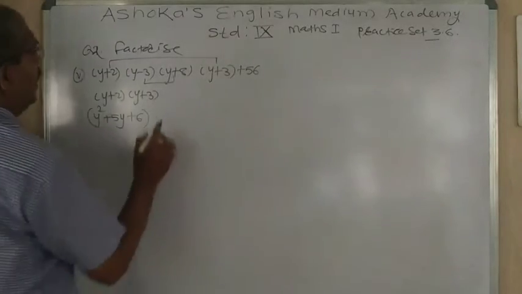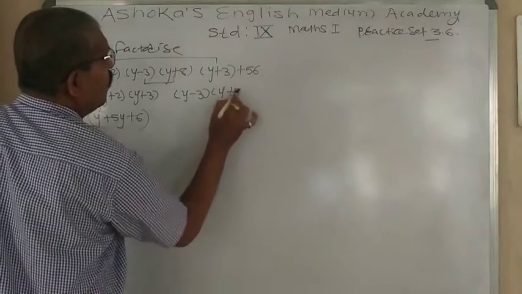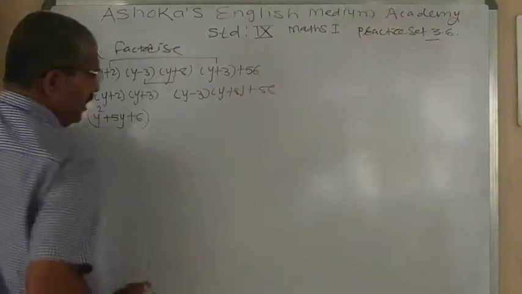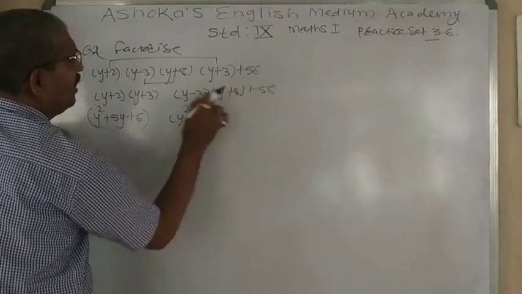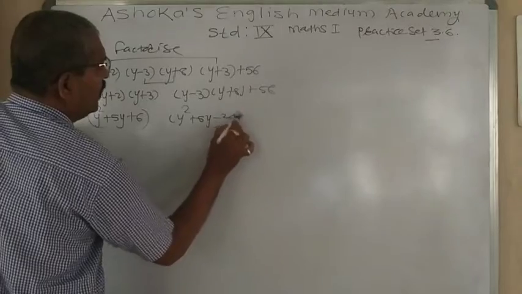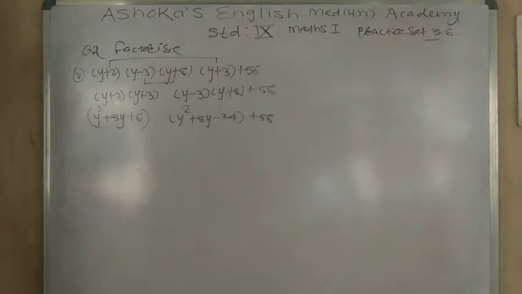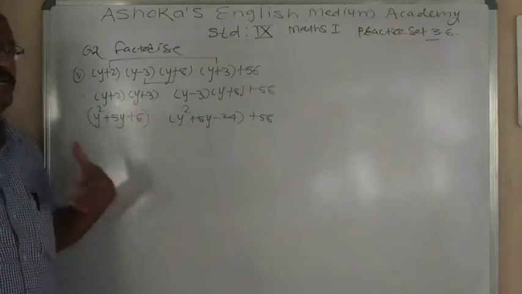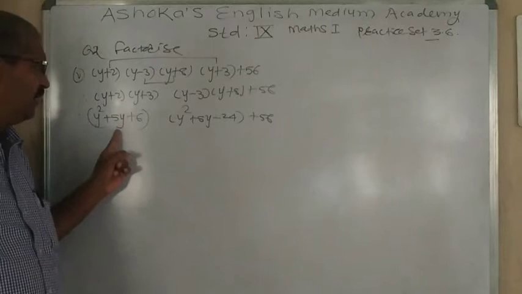Yes? And now next, y minus 3, y plus 8. If you do multiplication of this, you will get y square, 8 minus 3 positive 5y, 8 threes are minus 24, plus 56. Do you understand? It is practice, by practice you can understand. Y plus 2 and y plus 3, we get this.